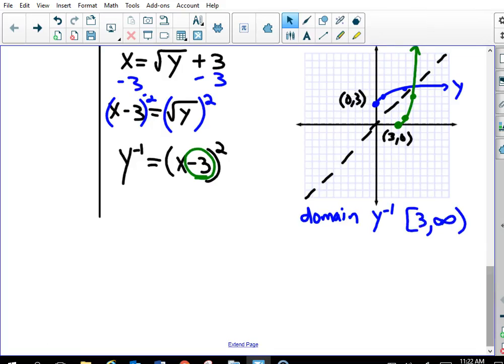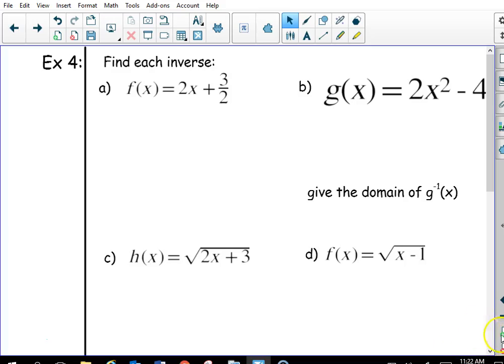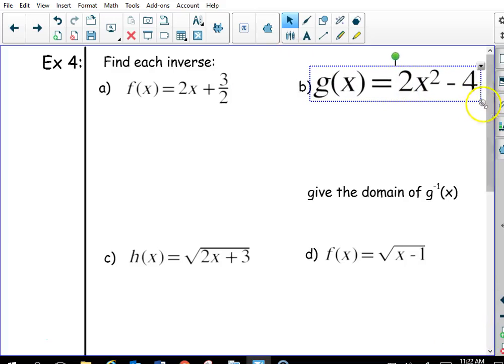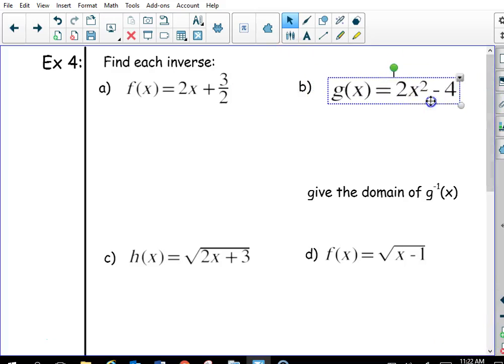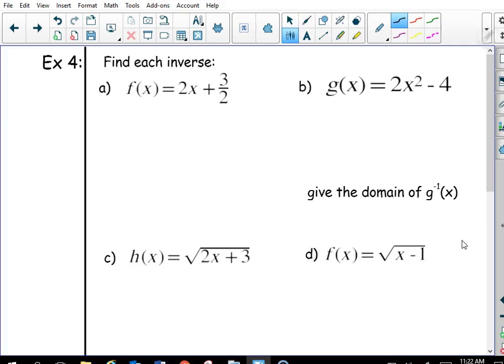Okay, on to the next problem. Now we're just going to crunch through finding a bunch of inverses. Okay, pretty straightforward. We're going to turn f of x, my function notation, into y. And now we're going to switch x and y.